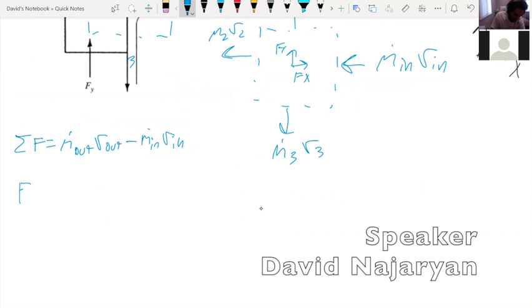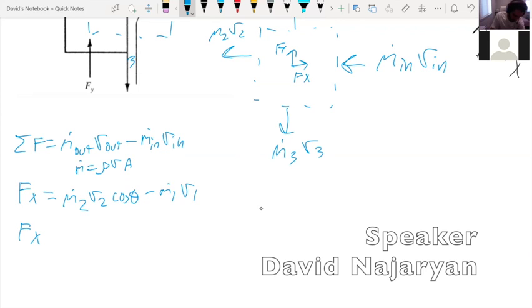So for the x component, and a quick side note, m dot is equal to rho VA, where rho in this case is R. So this is m dot 2 out, and since it's at an angle, we have to focus on the x component, minus m dot 1, which is in, times velocity.